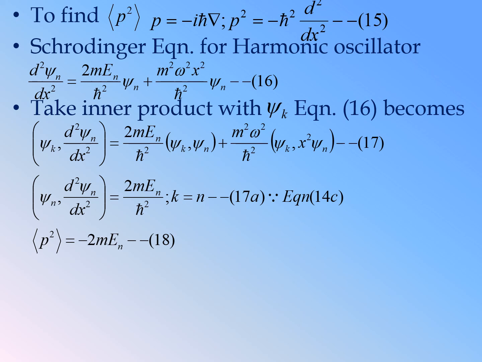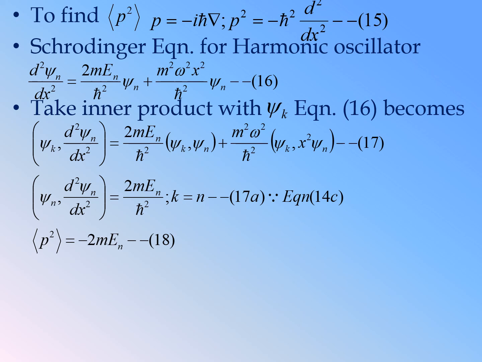So now you take the inner product with psi k for equation number 16. So equation 16 becomes the inner product of psi k comma d squared psi n by dx squared is equal to 2m E n by h cross squared inner product of psi k comma psi n plus m squared omega squared divided by h cross squared inner product of psi k comma x squared psi n.